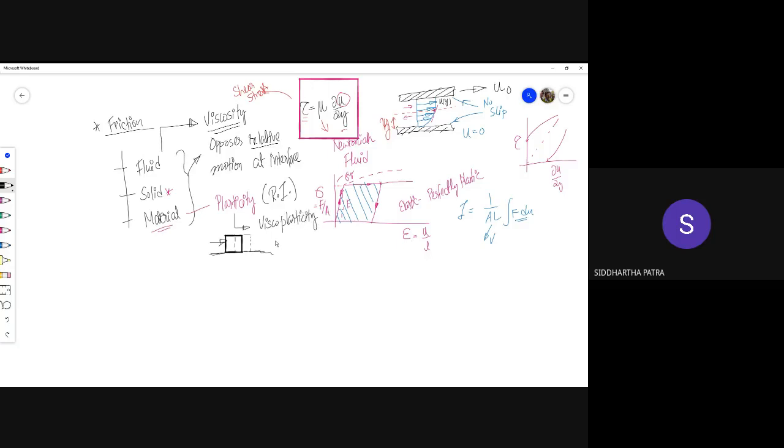When you talk about viscoplasticity, any fluid also comes under the domain of viscoplasticity. Actually, they come under the domain of something bigger called rheology, which is the study of everything related to material and fluid friction. Now let's get back to solid friction, or so-called Coulomb friction.